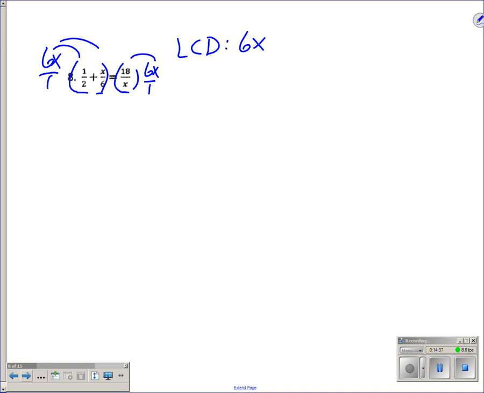6x times 1/2 is just 3x. And then 6x times x over 6 would be 6x squared over 6, or just x squared. On the right side, the x's cancel out, and I'm left with 18 times 6.